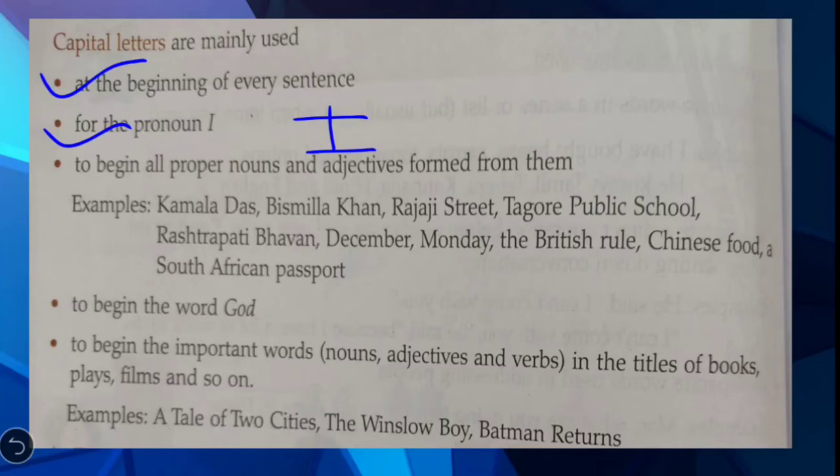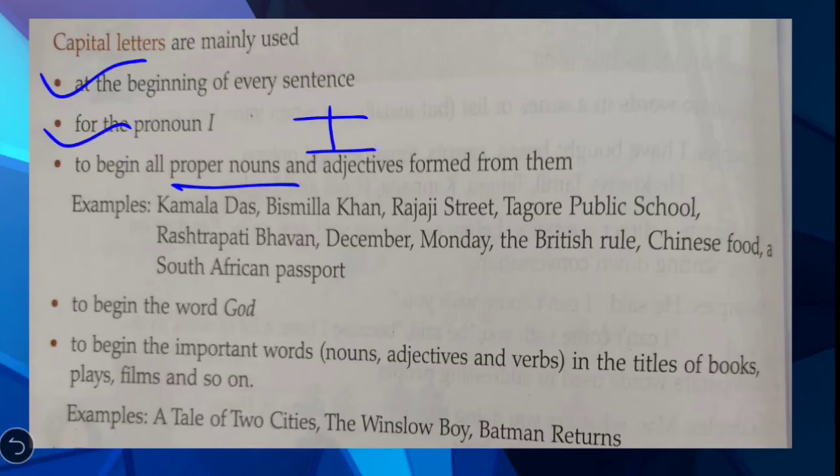To begin all proper nouns and adjectives formed from them. Now students, we have learned nouns, adjectives, everything. So what is a noun? Naming words are known as nouns. There are common nouns also, but here which word is written? Proper noun Kamala Das.